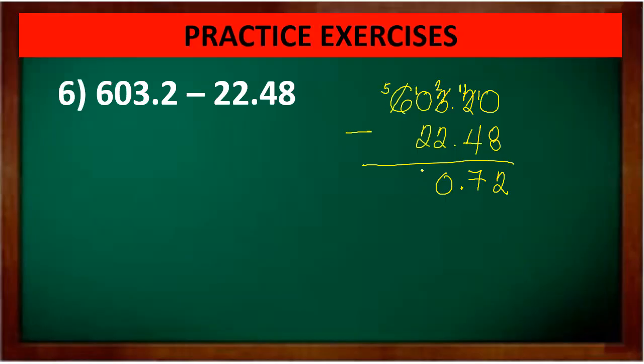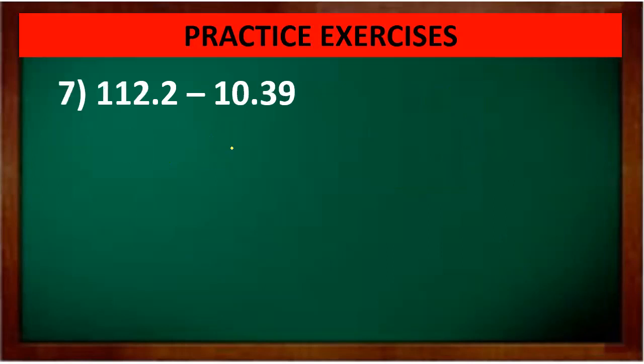So 10 minus 2 is 8. 5 minus 0 is 5. Therefore, 603.2 minus 22.48 is equal to 580.72. Very easy. Just remember the rules. You have to align the decimal point natin.